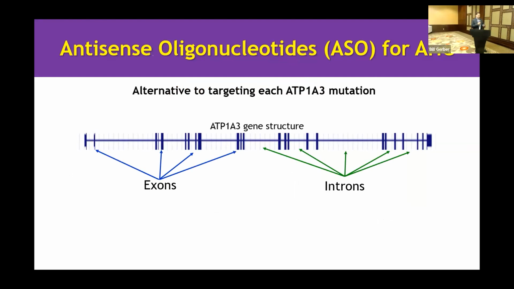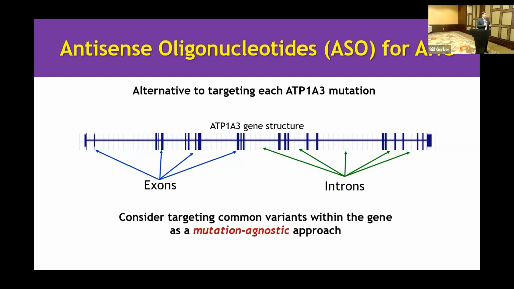At some level, they're all made into RNA, but the cell then clips out the introns and just leaves the exons. But one could actually target anything in the gene with an antisense oligonucleotide and maybe achieve the same goal of knocking down a selective copy.